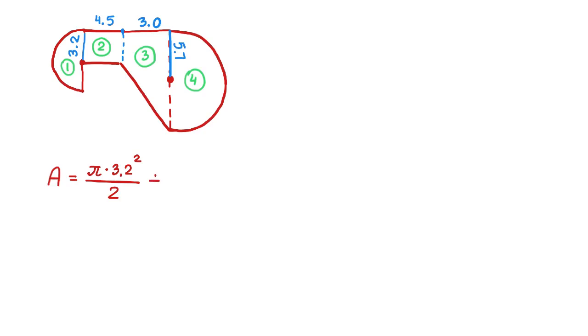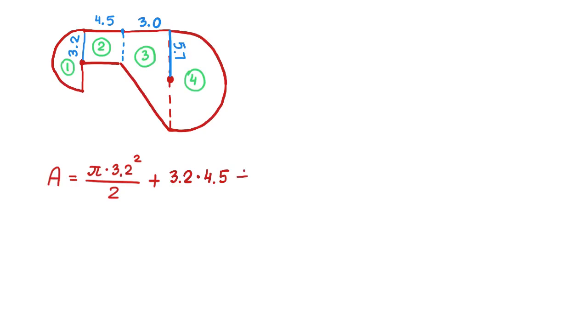Now let's add the area of the second region. The second region represents a rectangle with the sides 3.2 and 4.5. And to find the area, we will multiply these two sides. So 3.2 times 4.5. So this is the area of the second region.